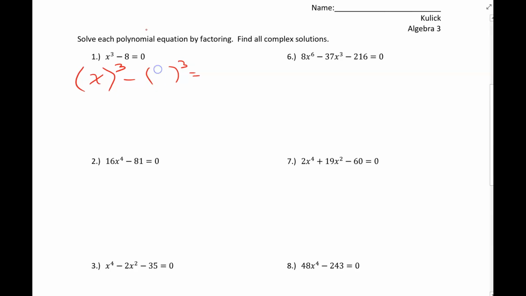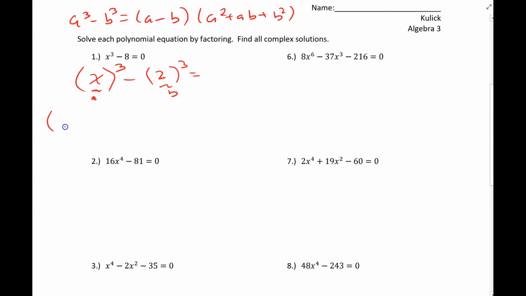Because 2 times 2 times 2 is 8. So I'm going to then use my difference of 2 cubes factoring pattern. Okay. So this is like my A, and this is like my B.